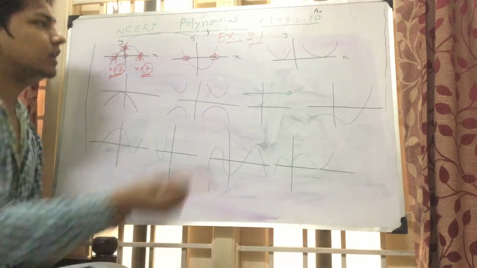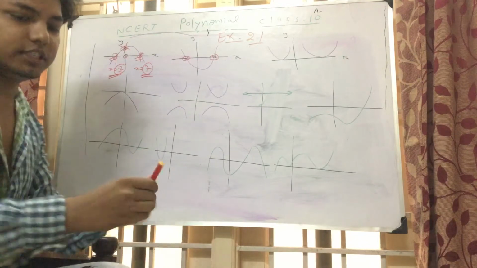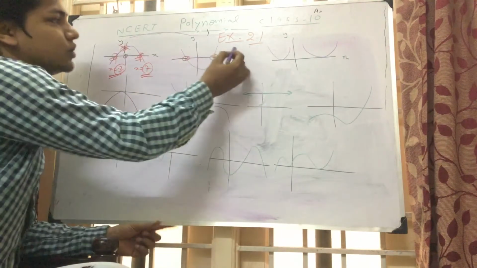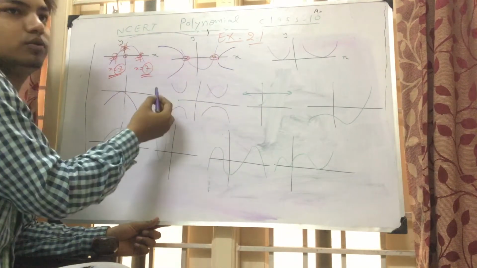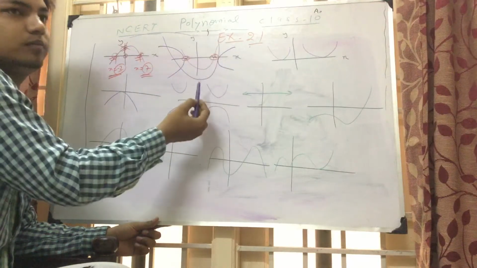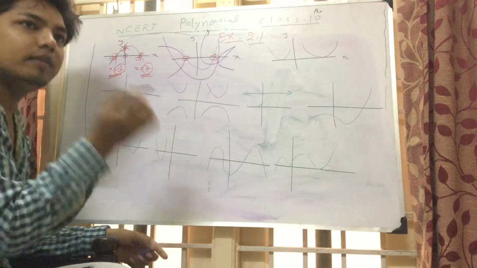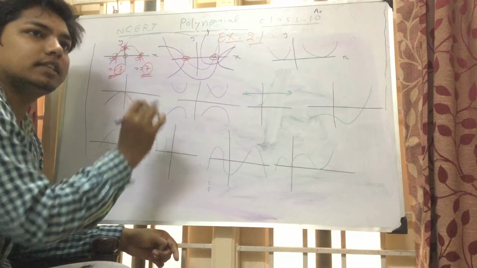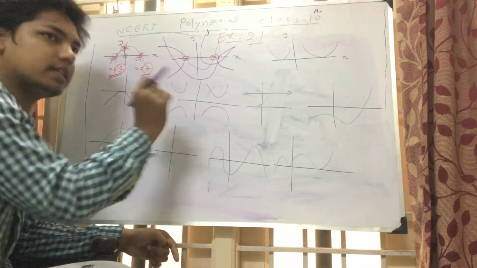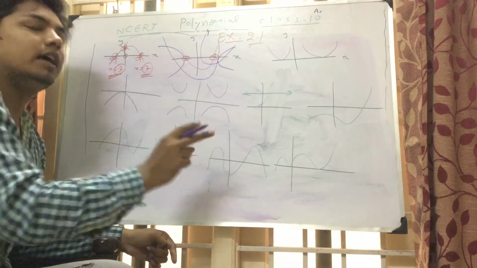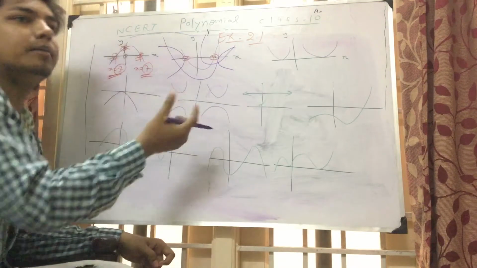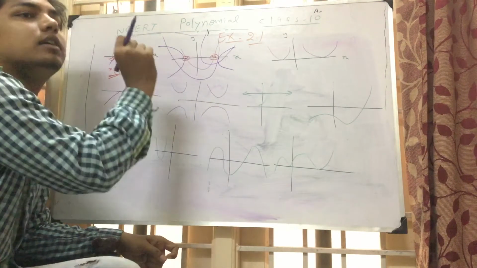Don't bother about that. It can be in any direction. It can be like this also, like this also, like this also. Any direction. We have to only see how many intersection points are there on the x-axis. Count those points, and that will be the number of zeros for the particular curve.